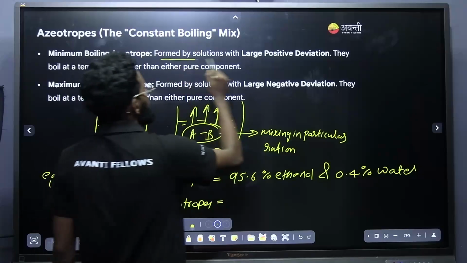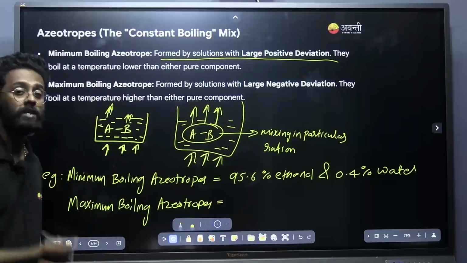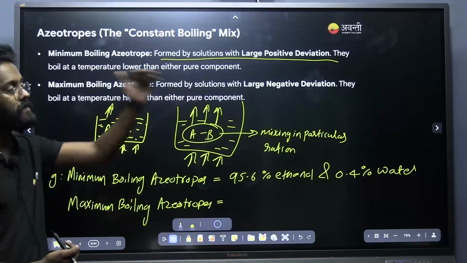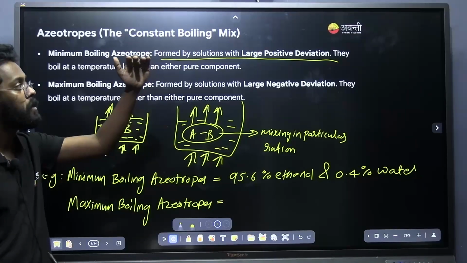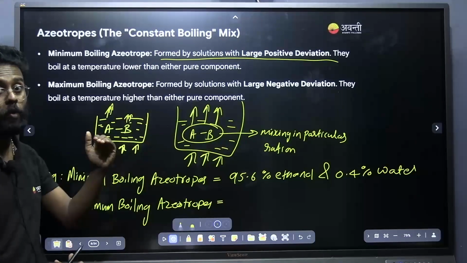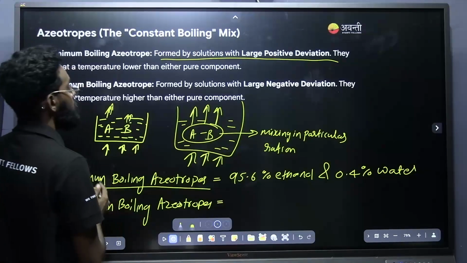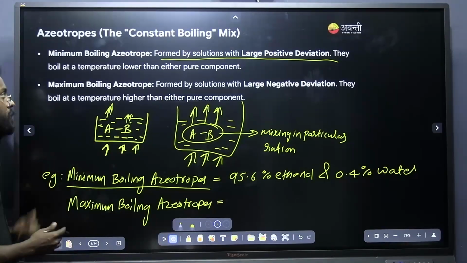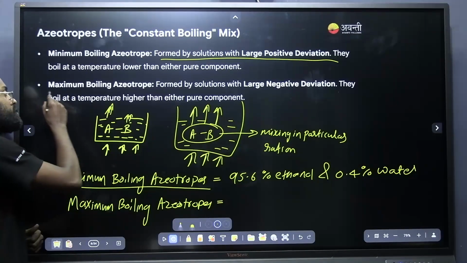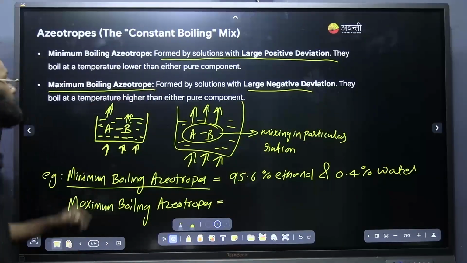They form a solution with a large positive deviation. Large positive deviation means what? Vapor pressure will be higher. If vapor pressure is higher, what is going to happen? Boiling point will be lower. That is why the solutions forming a large positive deviation are minimum boiling azeotropes, and the solutions with a large negative deviation form maximum boiling azeotropes.